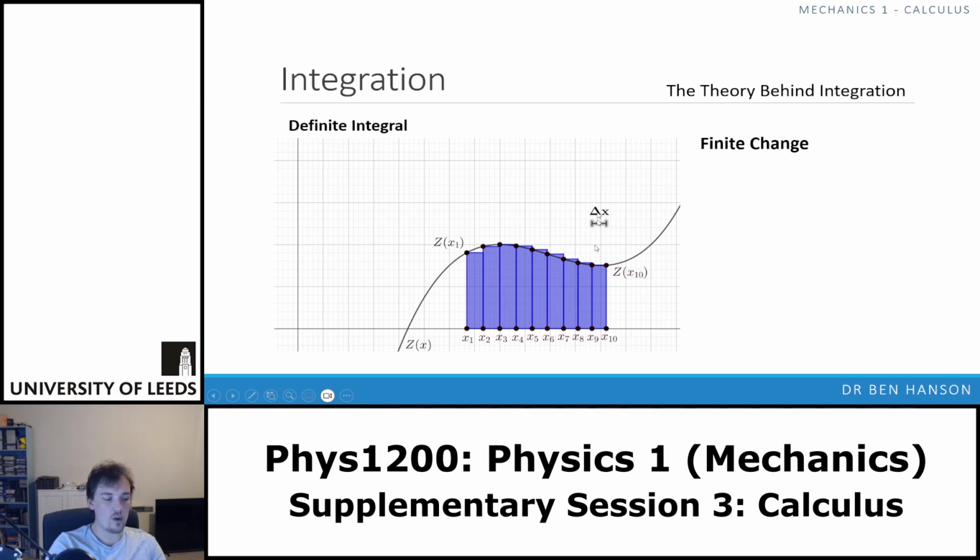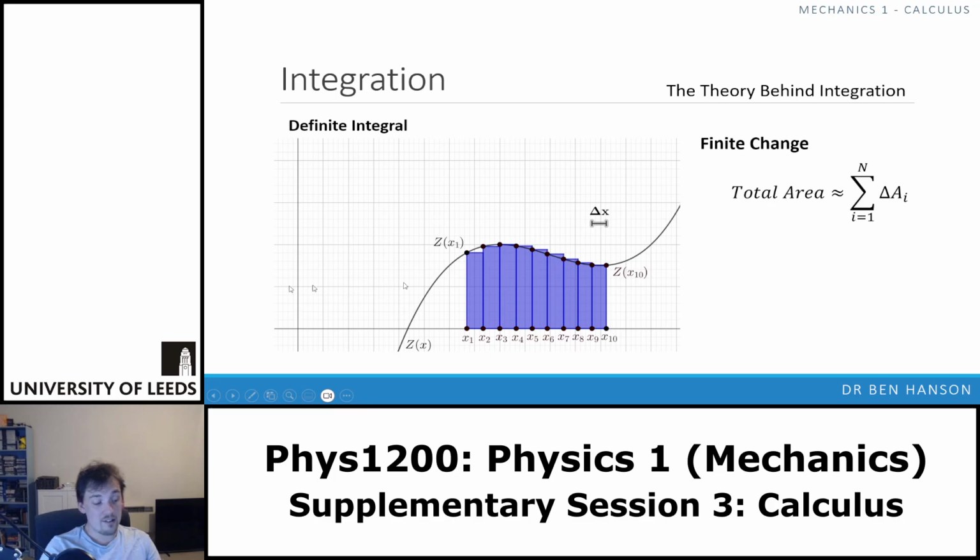Each one has the same width, delta x. So that point there, z of x1, z of x2, z of x3, 4, 5, z of x10 there. And so we see this is an alright approximation of the area under the graph. We've overestimated it here, underestimated it here, but generally this is an alright approximation.